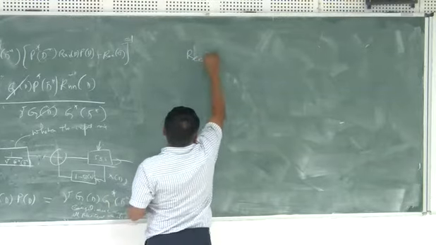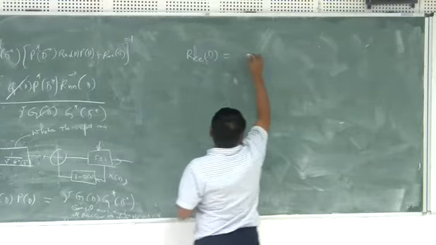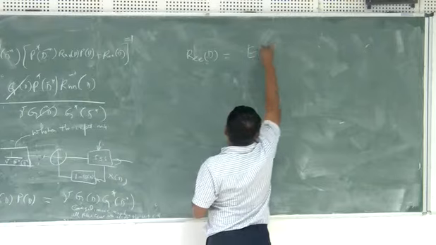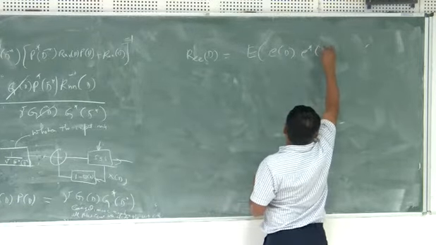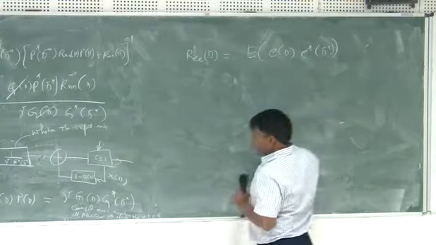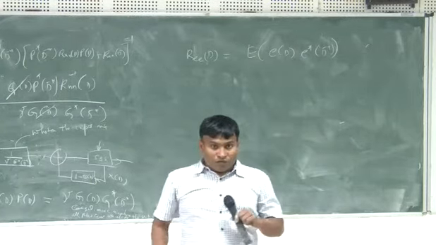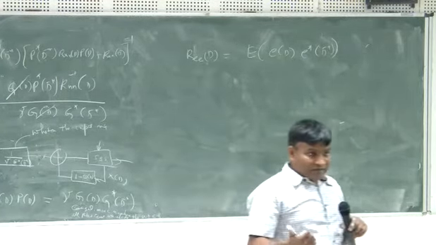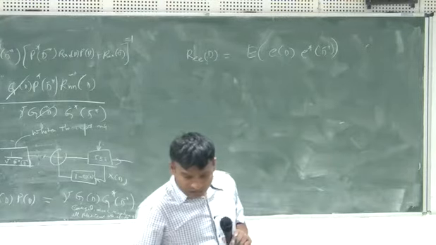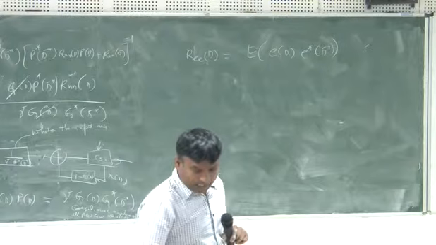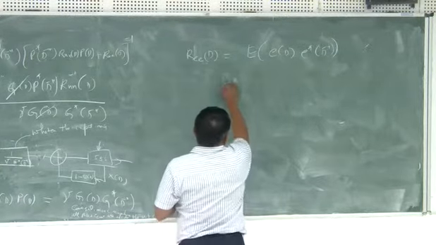RE of D, the covariance of the error term, is defined as the expected value of E of D, E star D inverse. We have the expression for E of D. We know what is W of D. We have derived it. We know what is B of D. We have a whole set of relationships. If you plug all of them in, we will end up with something like this.